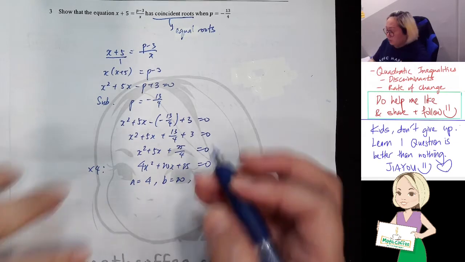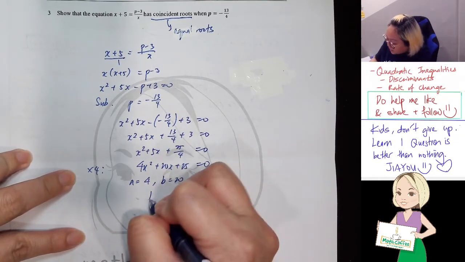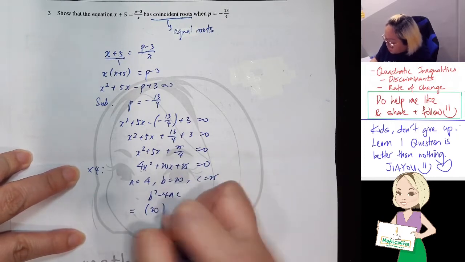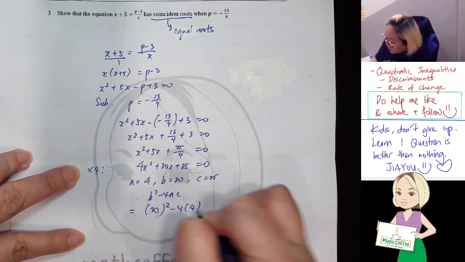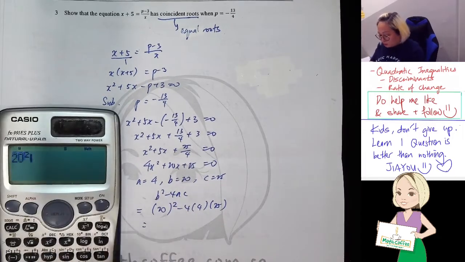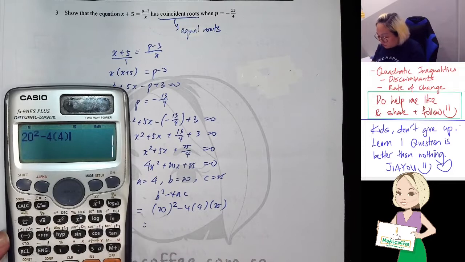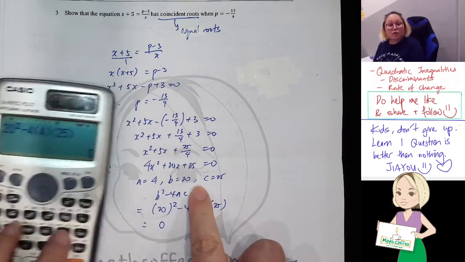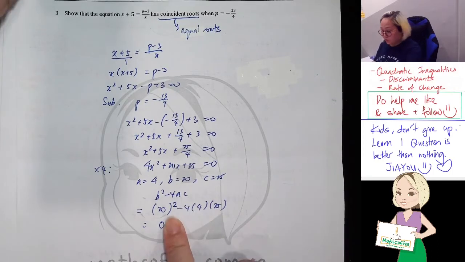Okay, so let's find the discriminant. You have to say b squared minus 4ac equals to, and you find out what value. So it's 20 squared minus 4 times 4 times 25, and we get 0. You see, I have shown that the discriminant equals 0.